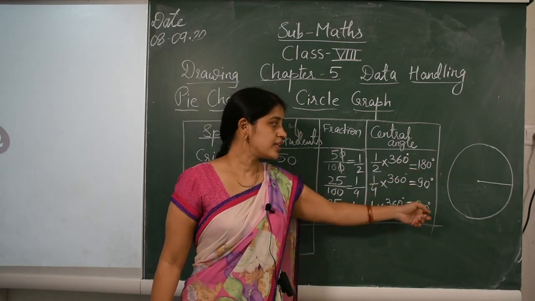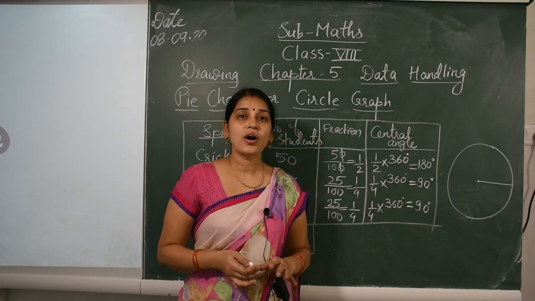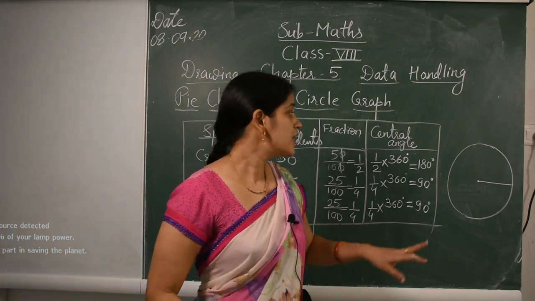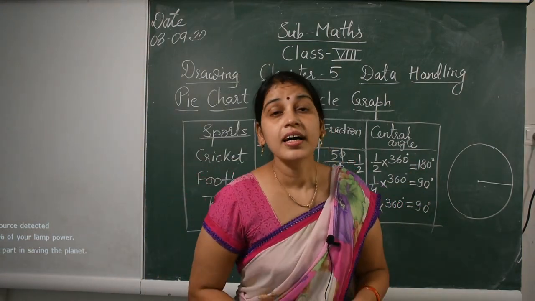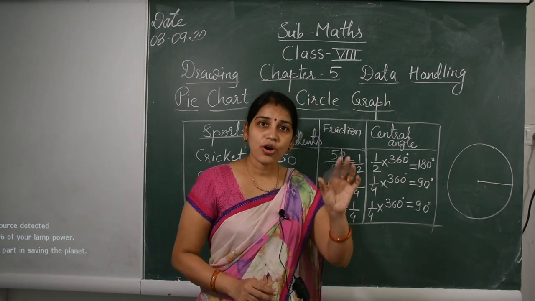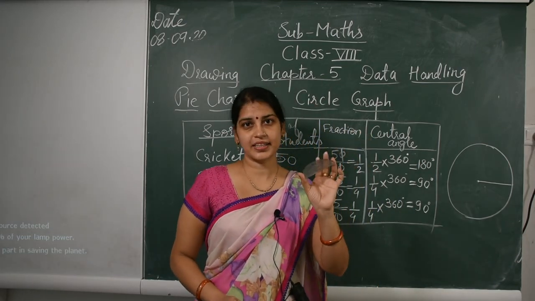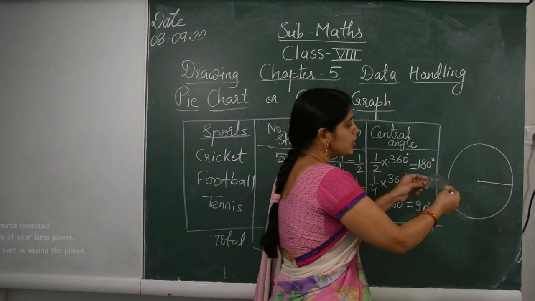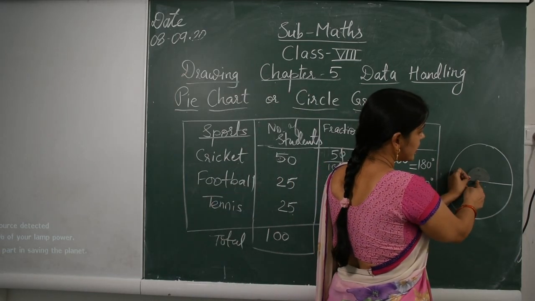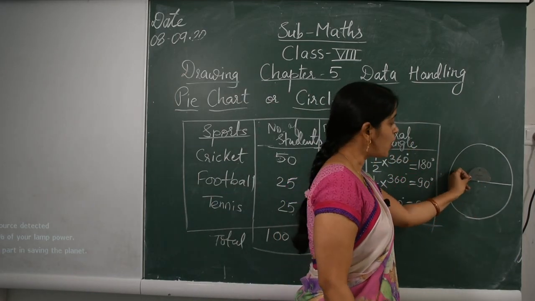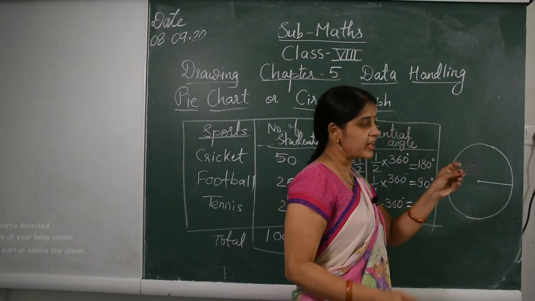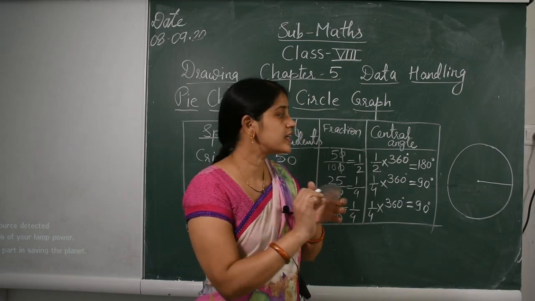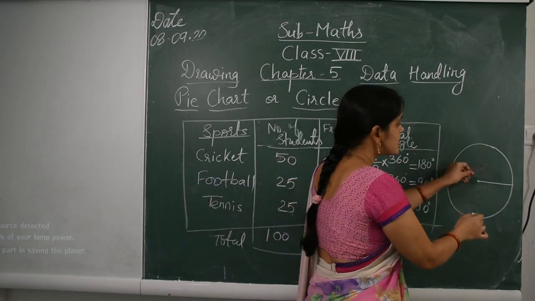Now we have to draw these 3 angles. Now one by one we draw these angles. So first we are making the 180 degree angle. Since we know this angle, we can draw it using a protractor. So keep the center of the protractor on the center of the circle.